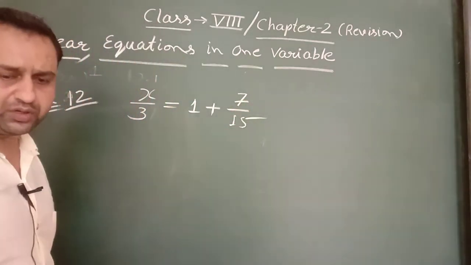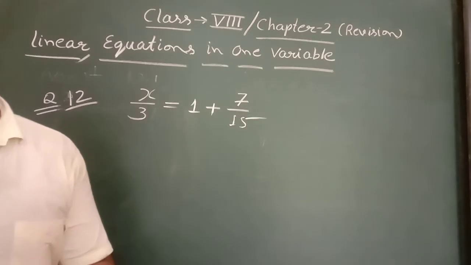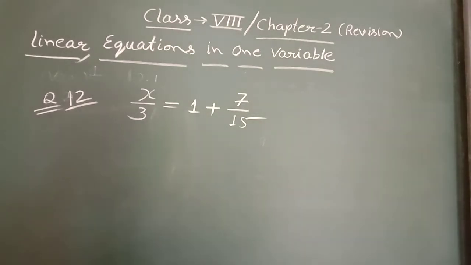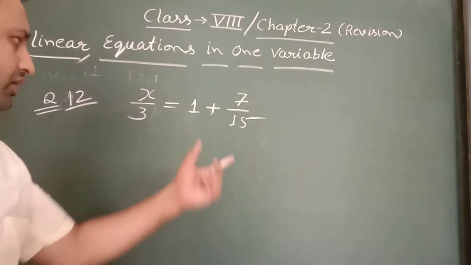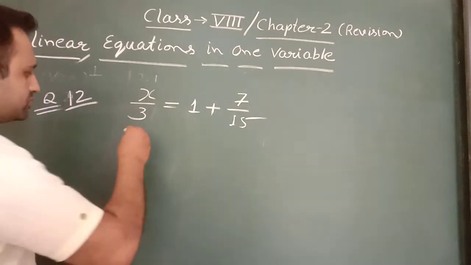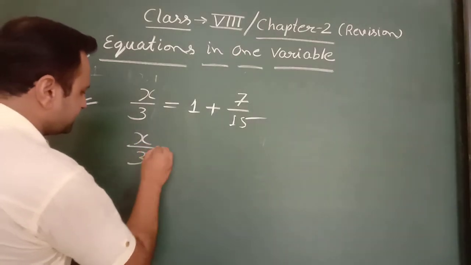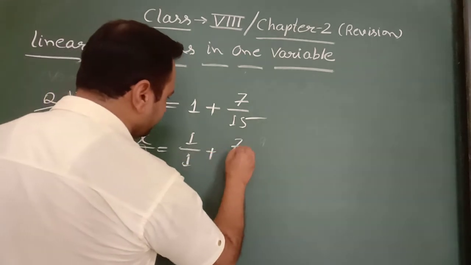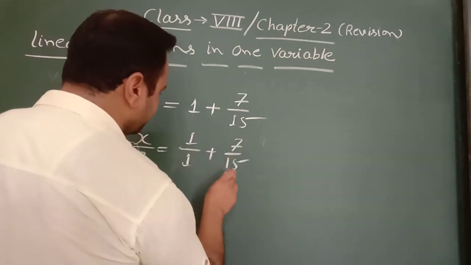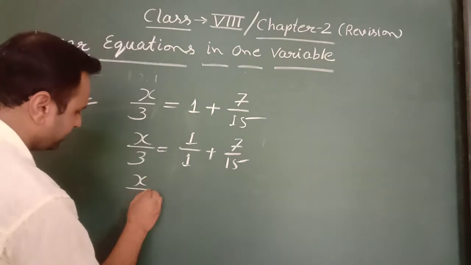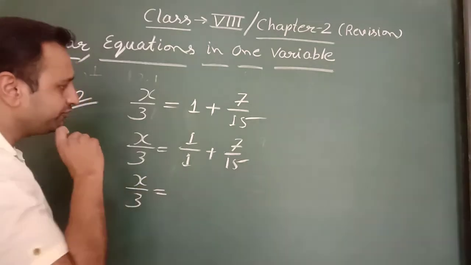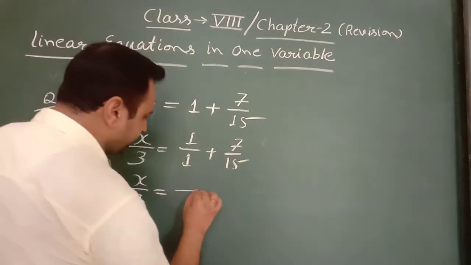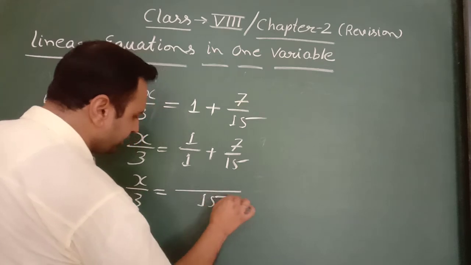Firstly, to find x, we simplify the RHS. To simplify the RHS, we write 1 as 1 upon 1, and for their addition, we find their LCM. What is the LCM of 1 and 15? Obviously their LCM is 15.